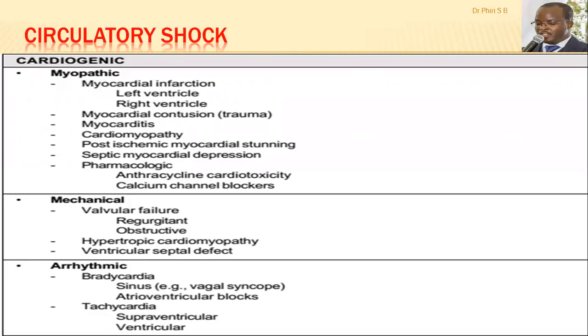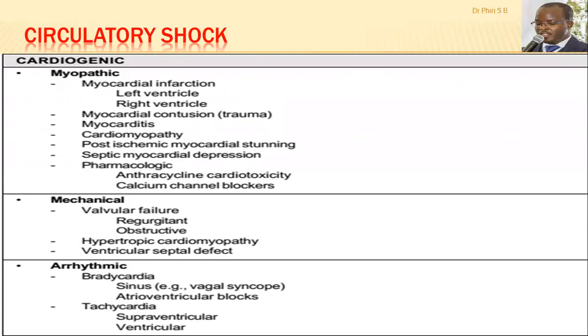You can also have post-ischemic myocardial stunning, then septic myocardial depression, and pharmacological causes due to drugs. You have anthracycline cardiotoxicity, calcium channel blockers that can result into reduction in the contractility of the myocardium. That will decrease the cardiac output and blood pressure will also reduce. That will result into cardiogenic shock.